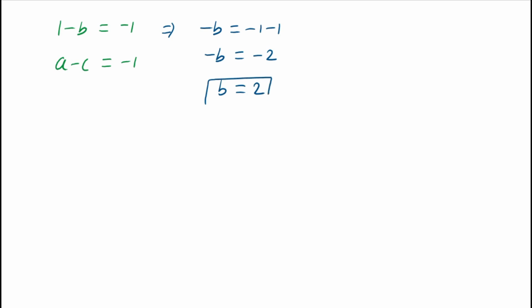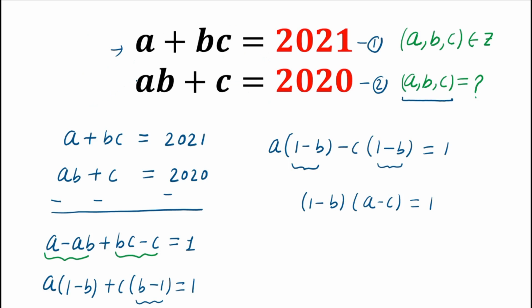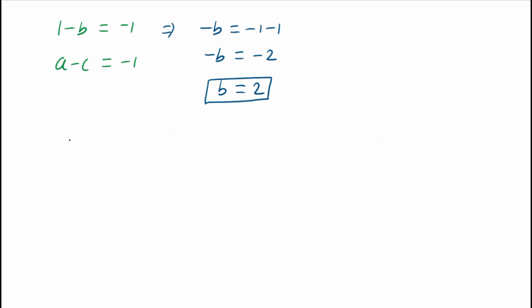Here the value of b is 2, and look carefully at equation first again. Equation first is a plus bc equals 2021, and b is replaced by 2, so a plus 2c equals 2021.